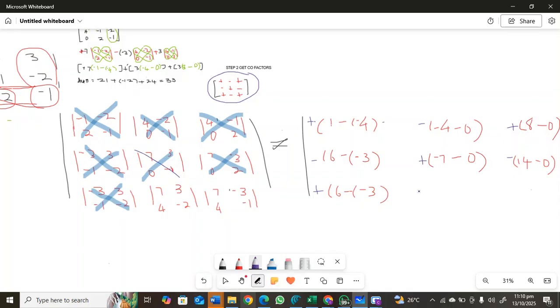Then the next minus sign there. And we say 7 times negative 2.